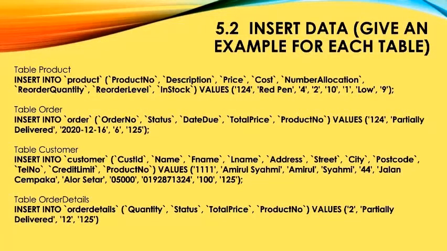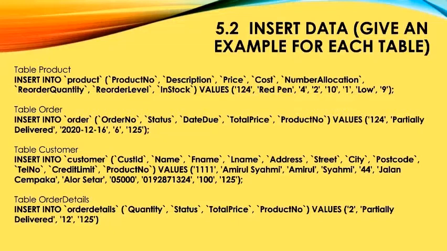So for 5.2 we have insert data, and we have 4 tables. First table is table product. We will write insert into product, and it will ask for the values based on what we want to get from the table.